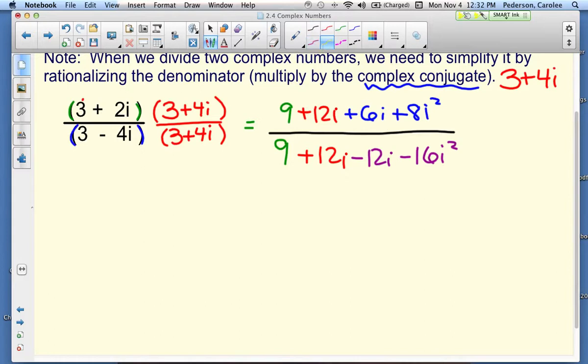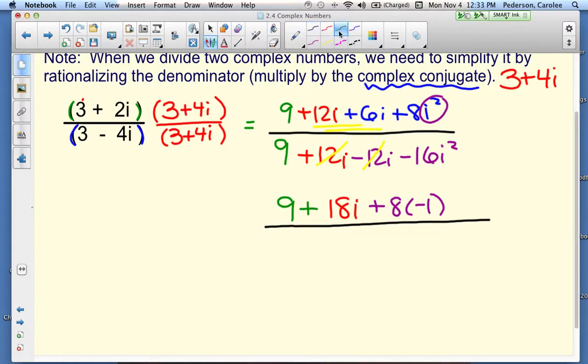Notice that these middle terms do cancel out because we multiplied by complex conjugates. 12i minus 12i cancels. In the numerator I have like terms here of 18i plus 9, and this i squared is replaced with a negative 1. Over 9, and this i squared is replaced with a negative 1.